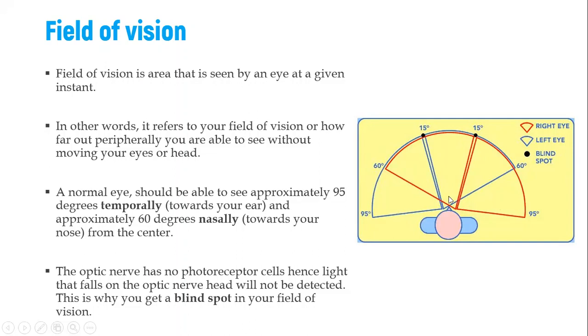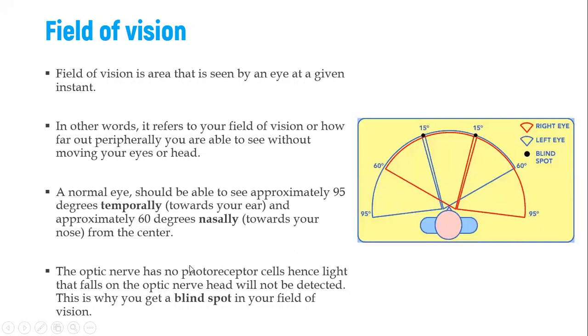That is what we call the temporal field of vision. And approximately 60 degrees nasally, which is towards your nose, going inside from the center. So this is what we are talking about: 60 degrees nasally and 95 degrees temporally.